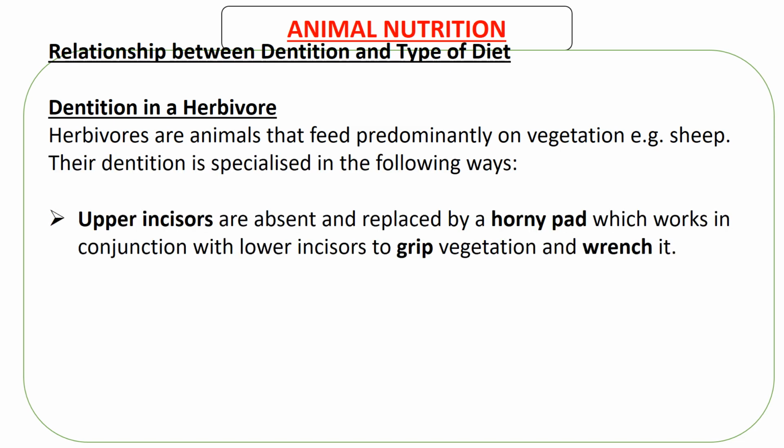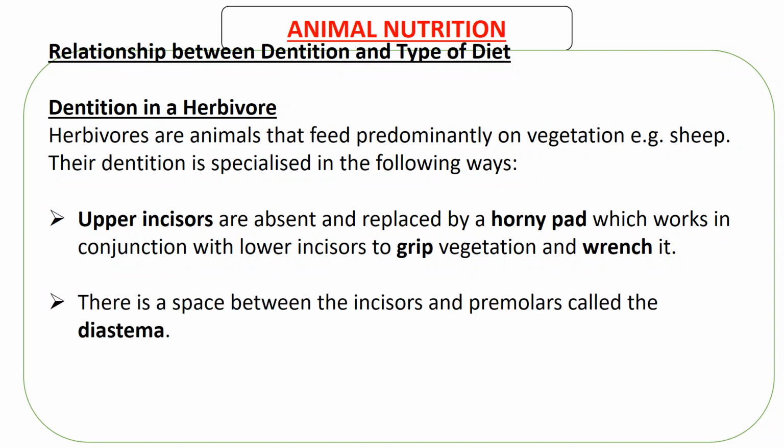So their upper incisors are absent and replaced by a horny pad which works in conjunction with lower incisors to grip vegetation and wrench it. Okay, so instead of having upper incisors, they have got some pad which they use to make sure that they grip the vegetation and wrench it.